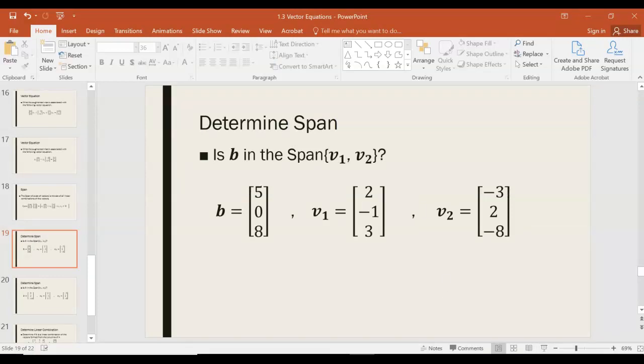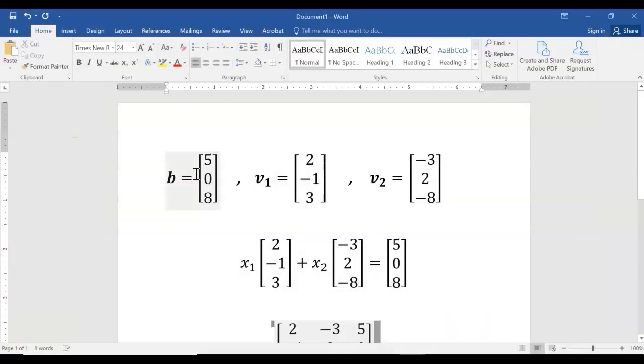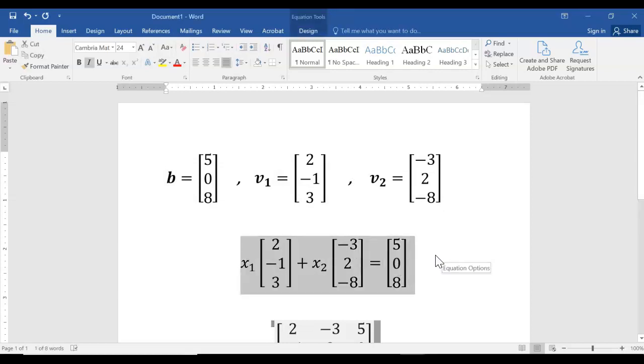All right, so what you would do is you would take those vectors and you'd say, well, is b in the span? That means, is b a linear combination? So if b is a linear combination, then I can write out this vector equation and find a solution for x1 and x2.